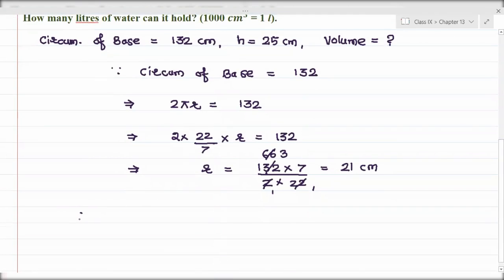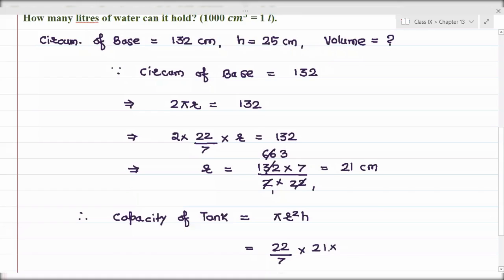Now we shall write further. Therefore, the capacity of the tank is equal to, capacity means volume, so the formula is pi r square h. The value of pi we keep as 22 upon 7, the value of r is 21, but it is squared, so we write 21 into 21, and the value of height given in the question is 25.